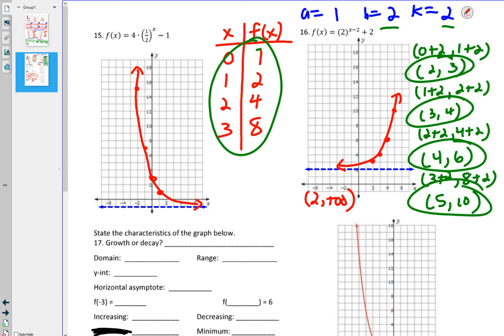As x goes to negative infinity, that means going left. What is the left arrow doing? Going down, going to where? The asymptote, which is 2. Yeah, going to 2. As x goes to positive infinity, which means to the right, what's the right arrow doing? Also going to positive infinity.